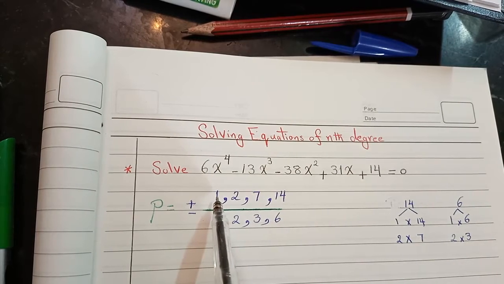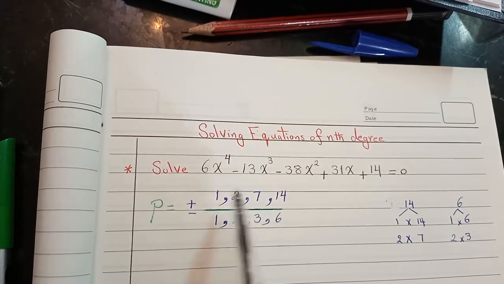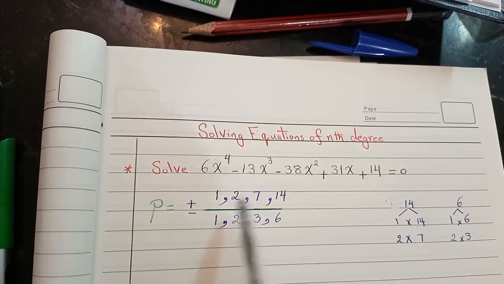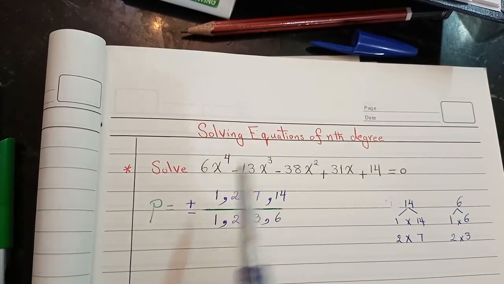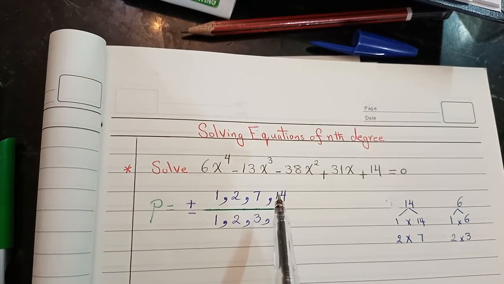Positive 1 is possible to be a solution. Also negative 1 is possible to be a solution. We will try it out. Same thing for positive 2 and negative 2, positive 7 and negative 7, positive 14 and negative 14. We will try all these numbers and we will find some solutions while we are trying.